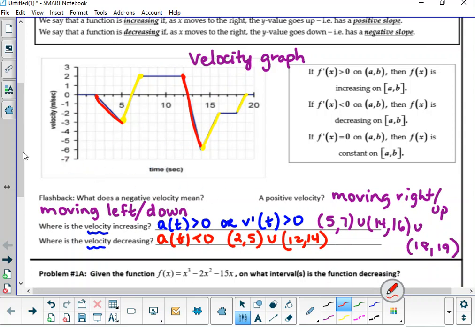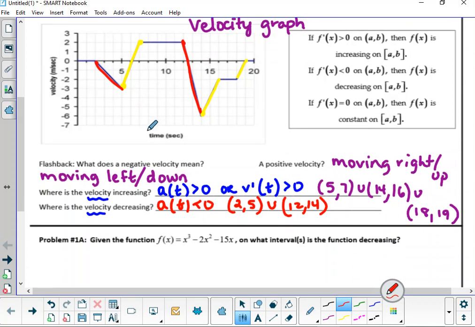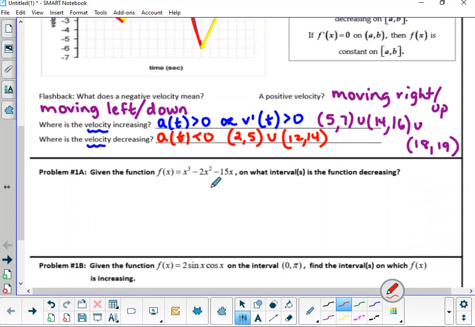Okay, so a graph is an easy tool. If you see the graph of the function, it's easy to tell where that function is increasing or decreasing. If you don't see the graph of the function and you don't have a tool that's easily accessed to create the graph of the function, we should still be able to tell where the function is increasing and decreasing.